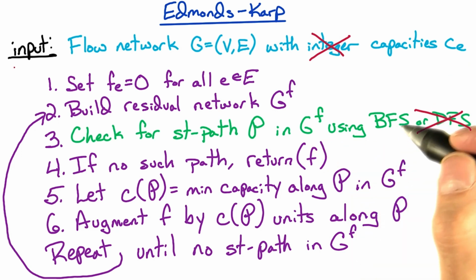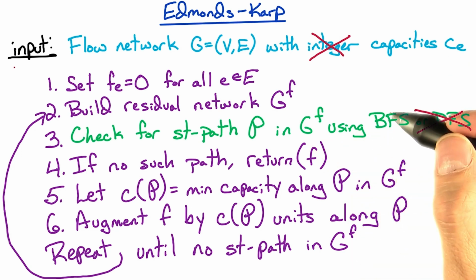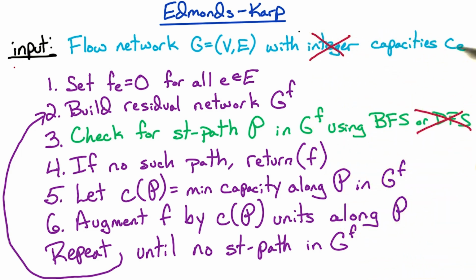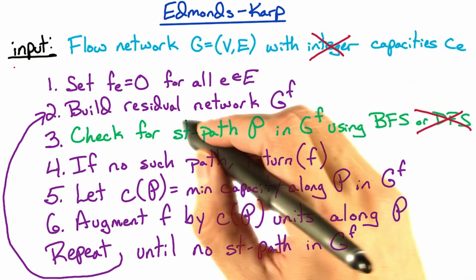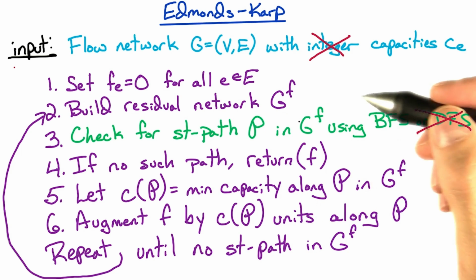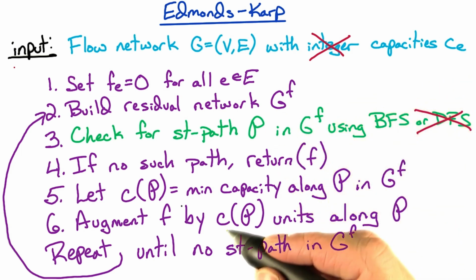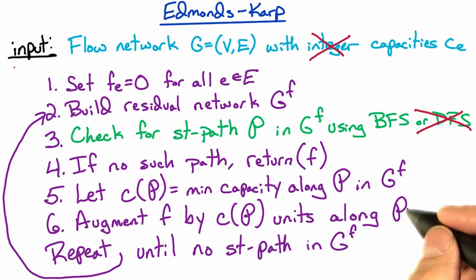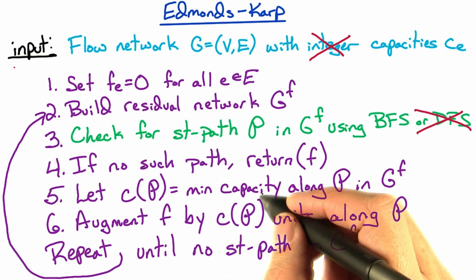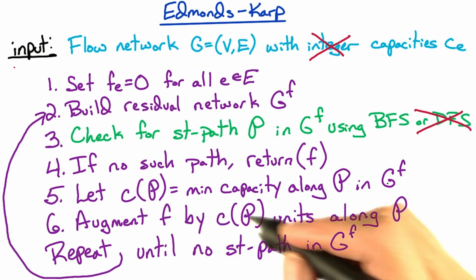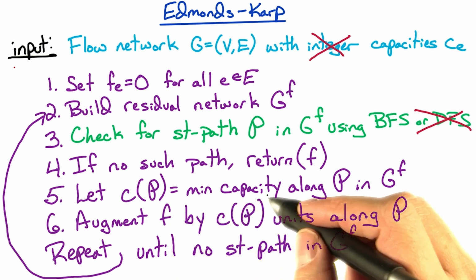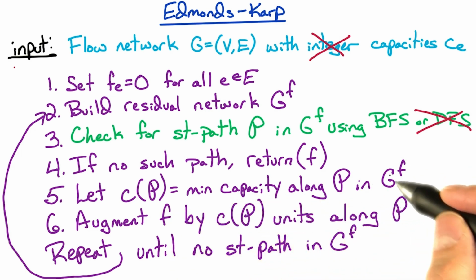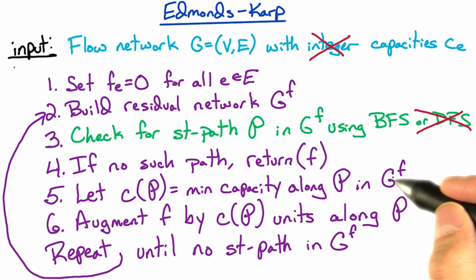Before we dive into the running time analysis, let's look at one basic property of the Edmonds-Karp algorithm and also the Ford-Fulkerson algorithm. Notice that the residual network has to change by at least one edge in every round. In particular, at least one edge reaches full capacity. We augment along P until we reach the full capacity of at least one edge on that path. Now that edge which reaches its full capacity in the residual graph will be removed from the residual graph in the next stage.